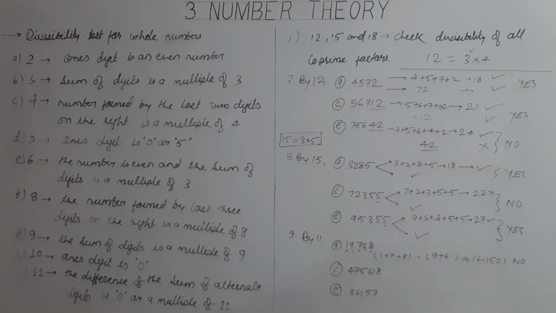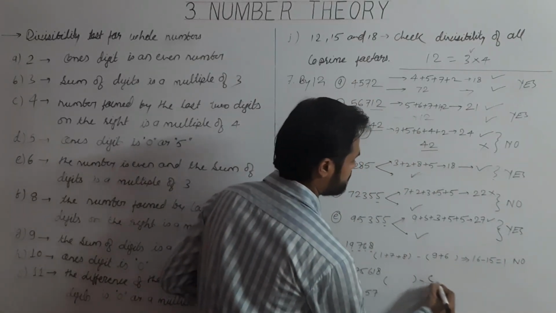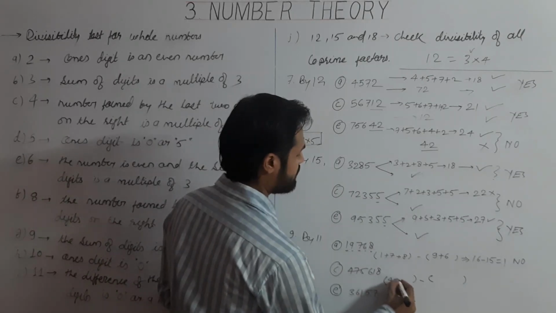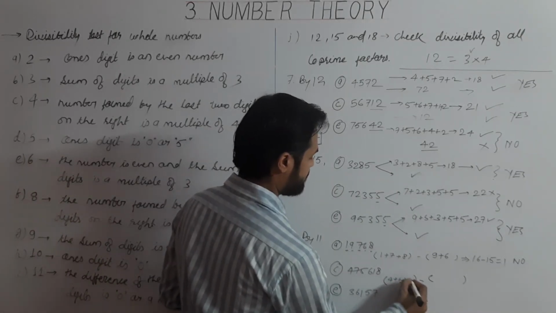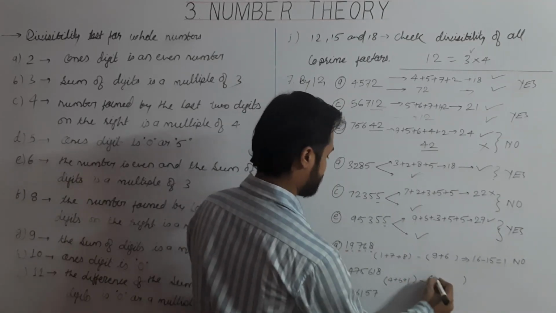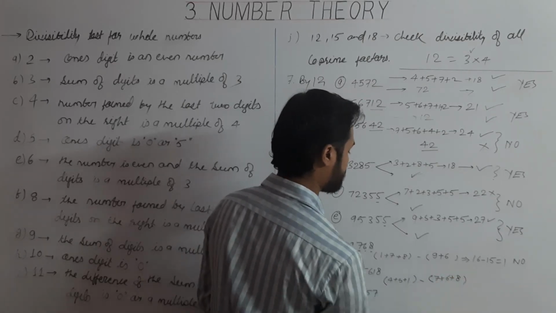Again for third part, 475618. Just write numbers on even places and on odd places. 7 plus 6 plus 8.